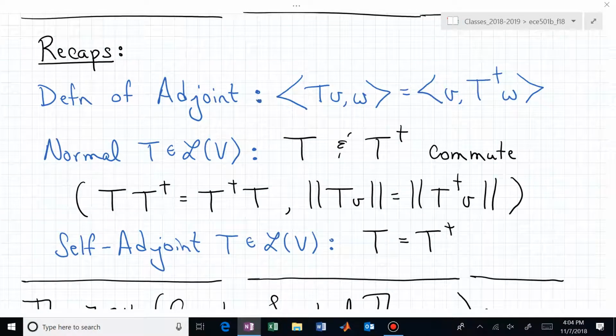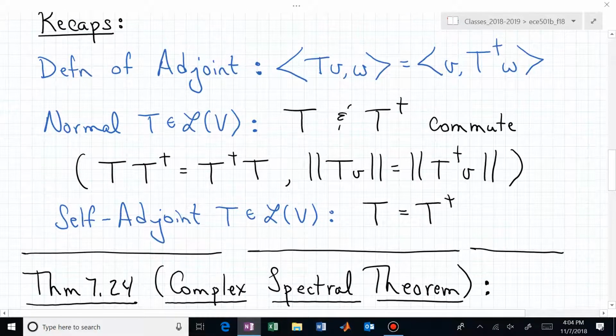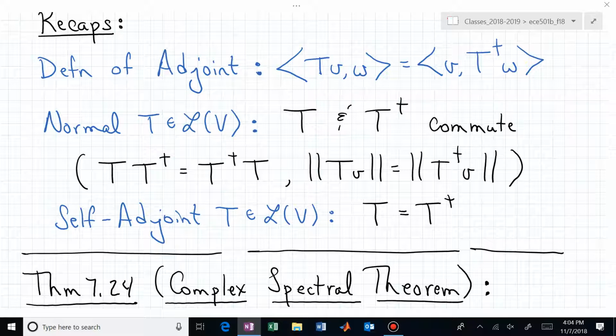Some recaps. We want to not forget what we mean when we say a linear map has an adjoint. That just means that we can slide those linear operations that were in the first slot into the second slot. So there's the relationship between the linear map and its adjoint, and those relationships are tied or connected through the inner product.